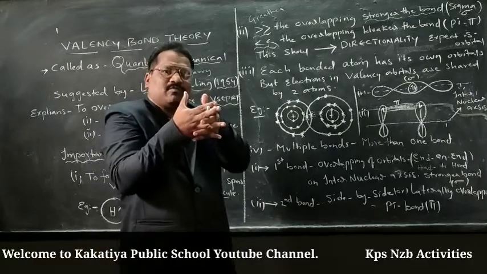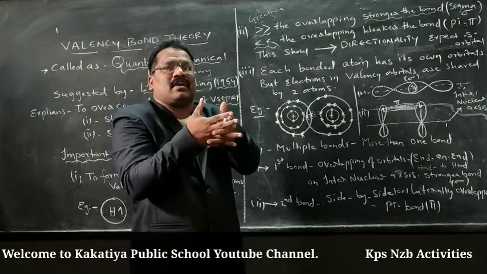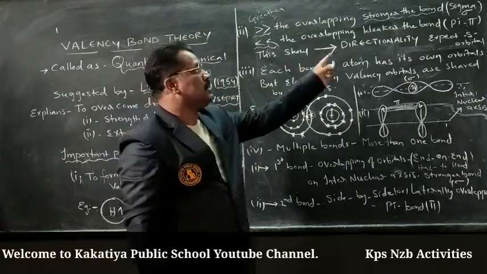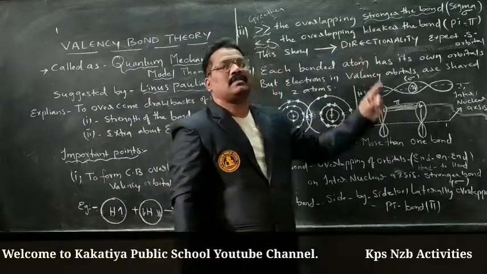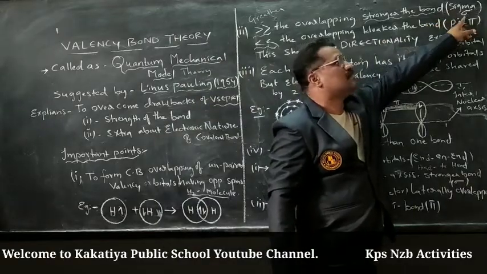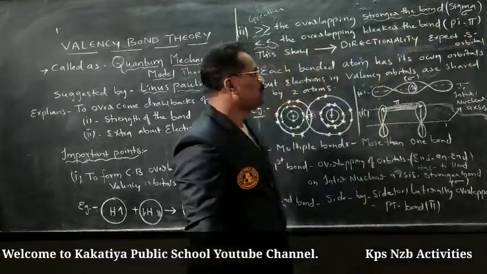As the overlap is stronger, it indicates the bond strength depends upon the overlapping. If overlapping is greater, then the strongest bond will form. That strongest bond is called a sigma bond. The symbol of the sigma bond is this.